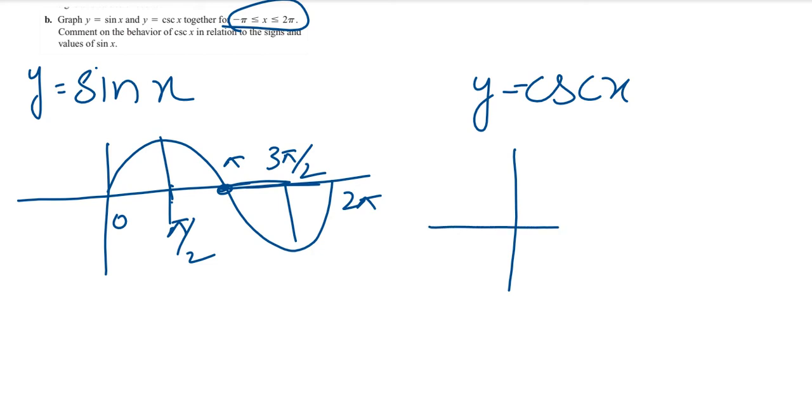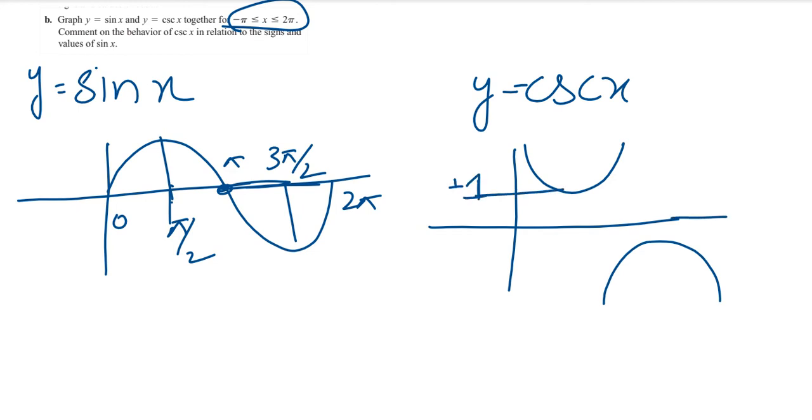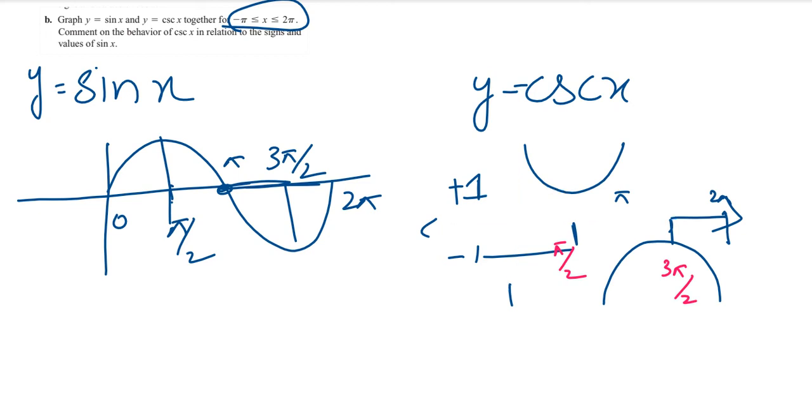And the graph of cosecant starts from here, ends up over here. And this is the positive one and the negative one of the y-axis. So again the midpoint is pi, the ending point is 2 pi, the midpoint of this semicircle is pi by 2 and the positive 3 pi by 2. So we have to merge these two graphs in one.